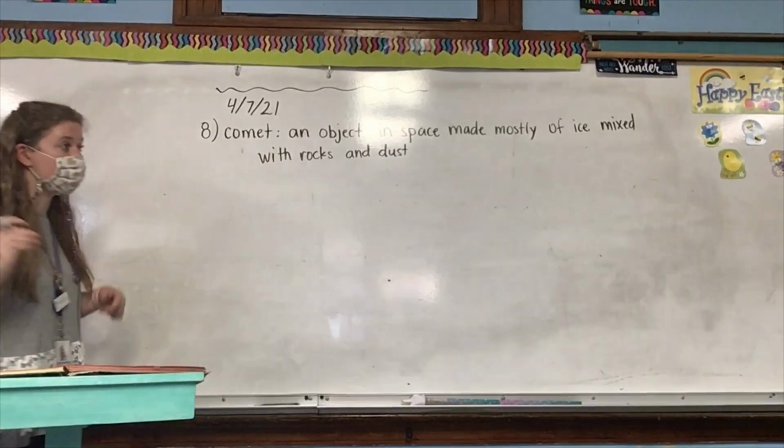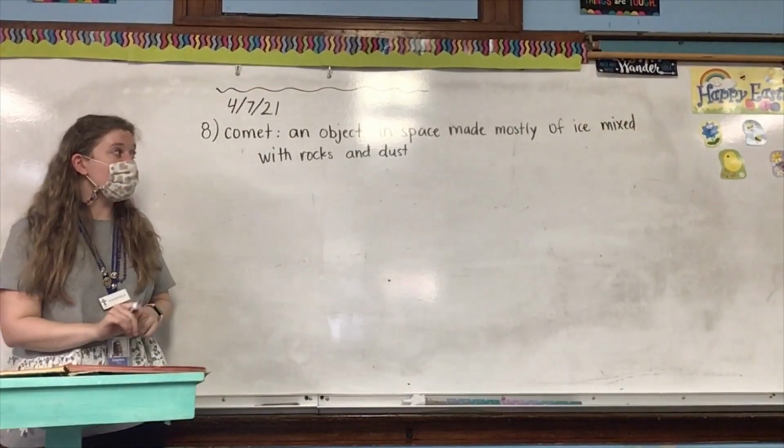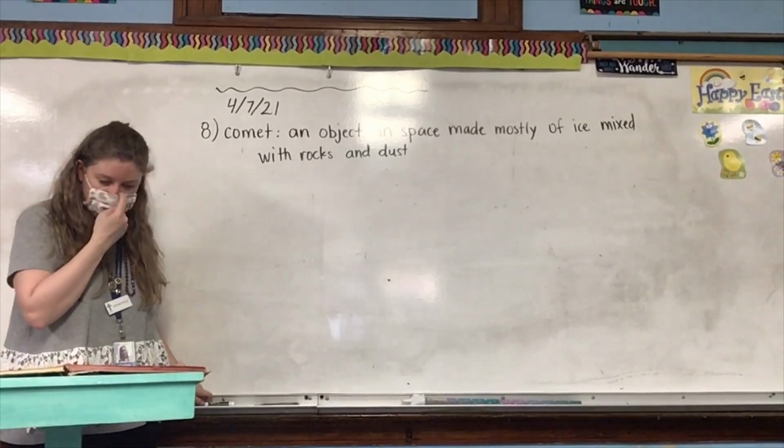We're on to science, so you just need to catch up. So a comet is an object in space made mostly of ice mixed with rocks and dust.